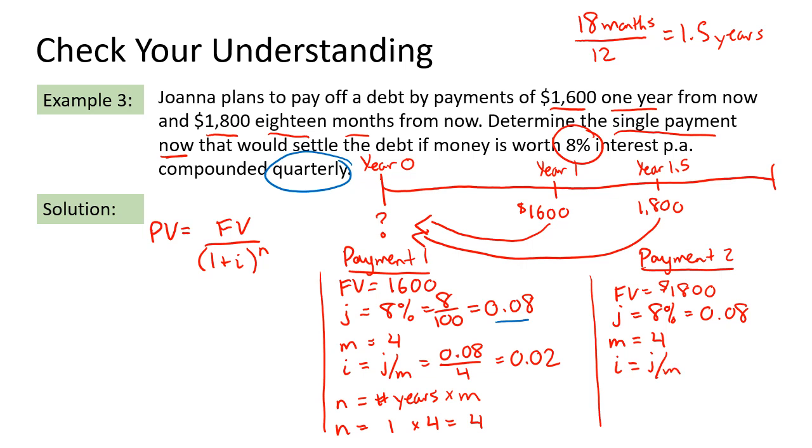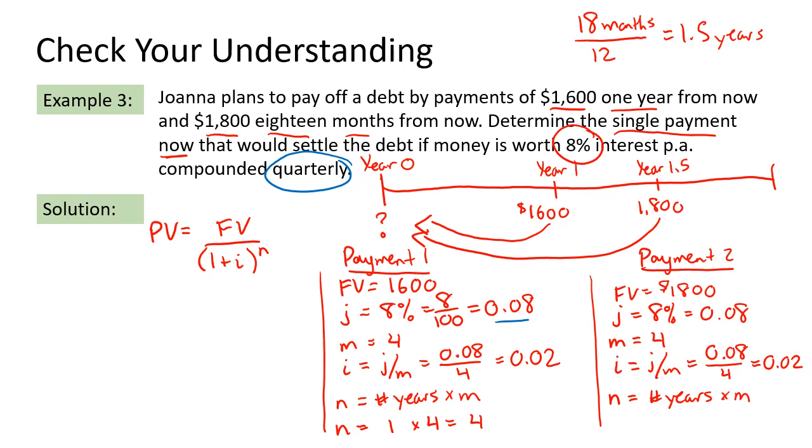It's equal to J divided by M, which is 0.08 divided by 4, and we get the same number of 0.02. The item that does change is your total number of compounding periods, N, because that is the number of years multiplied by your number of compounding periods per year.